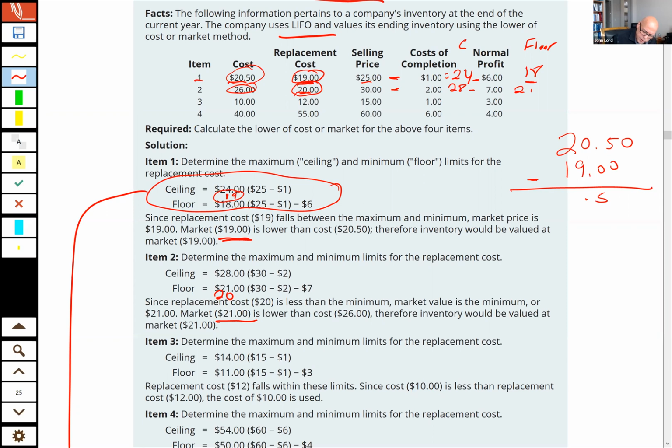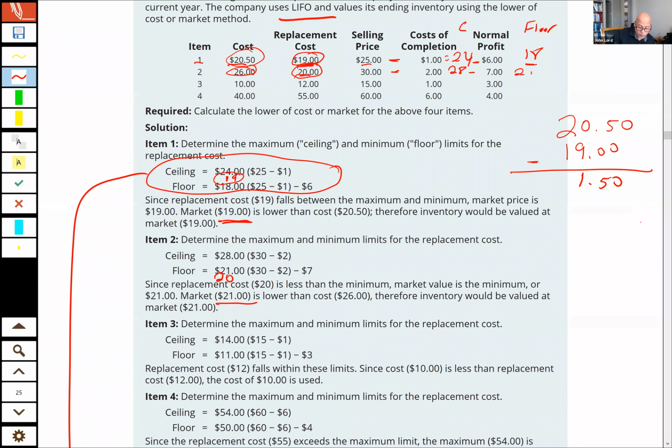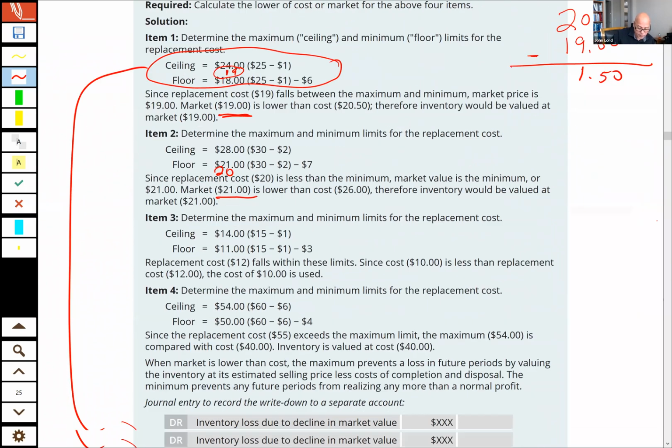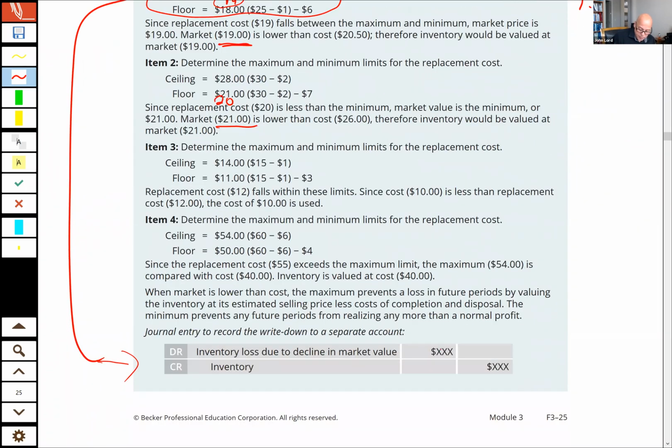How much difference is that? $1.50. That's a difference of $1.50 that I want to write that inventory down to the lower market. I've determined that the market is 19 using my lower cost or market method for LIFO purposes anyway. And so I'm going to debit loss due to inventory of $1.50, credit the inventory $1.50.